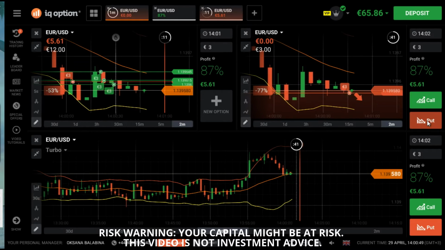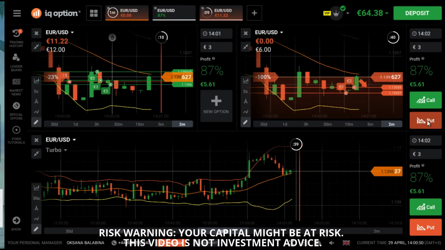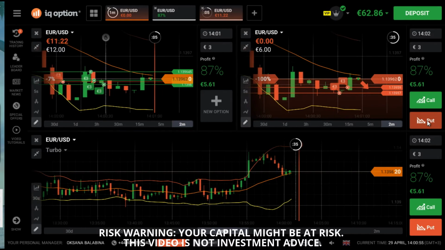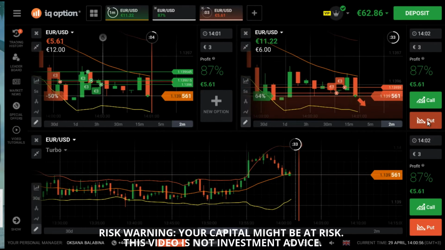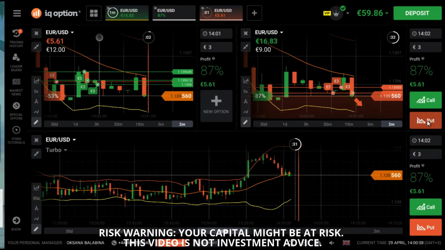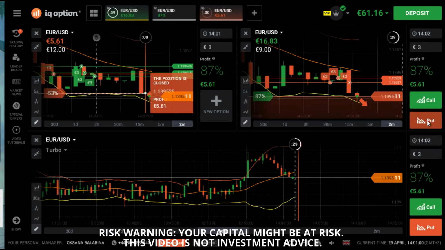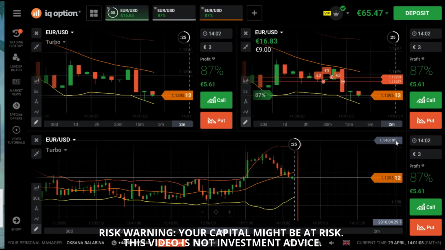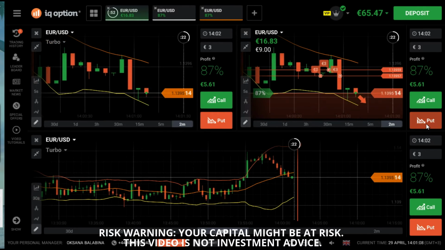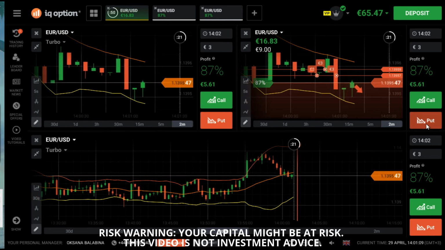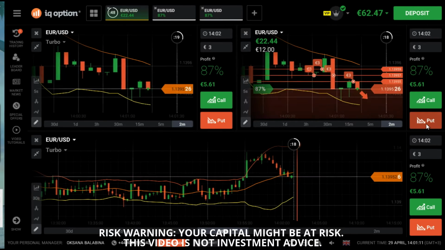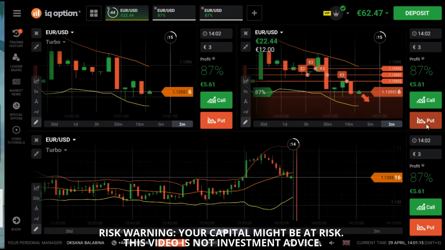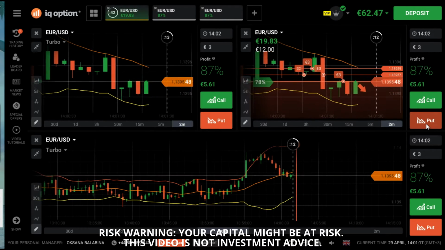Now I'm following it up on the secondary window. I'm going for put because this downwards movement is pretty persistent. So I have no choice but to go for the put.